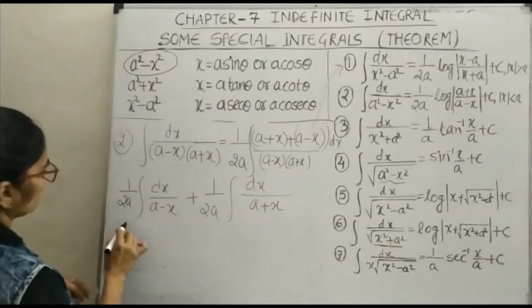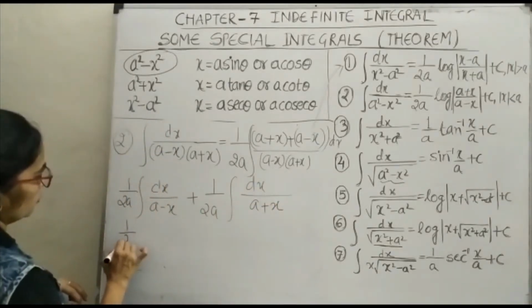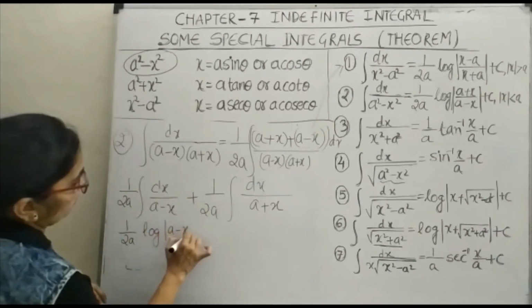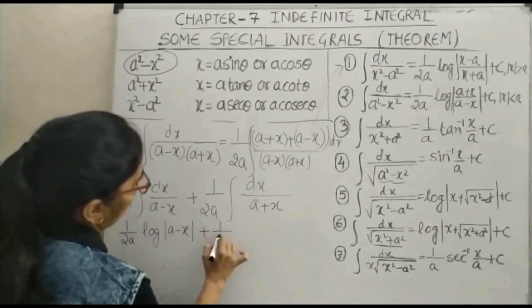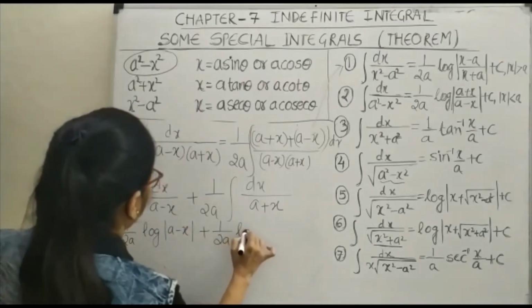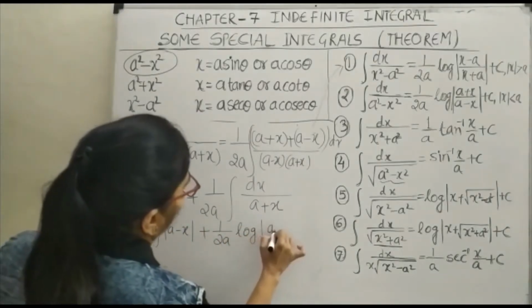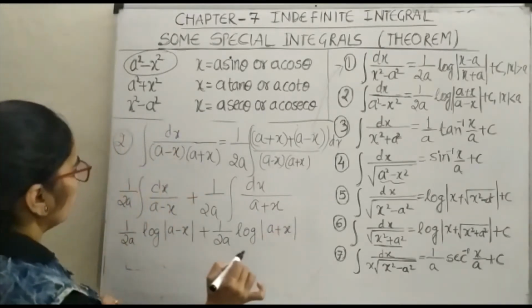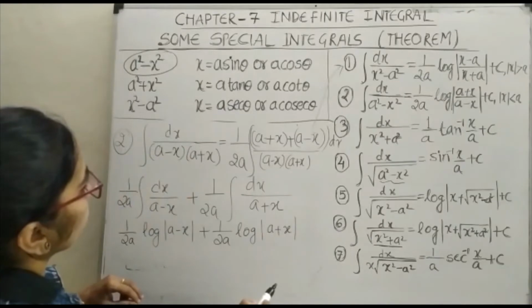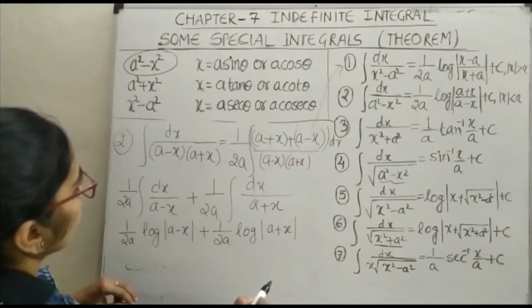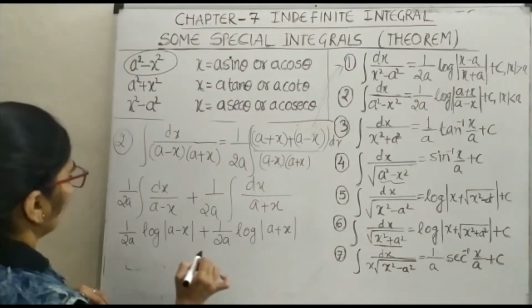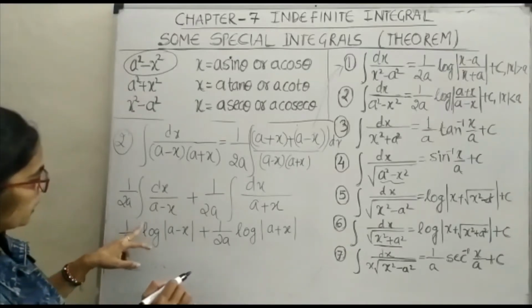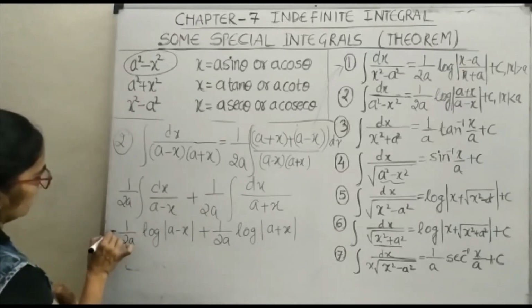Now here it will be 1 upon 2a log mod a minus x plus 1 upon 2a log mod a plus x. Now when you integrate here, you will get a minus sign.